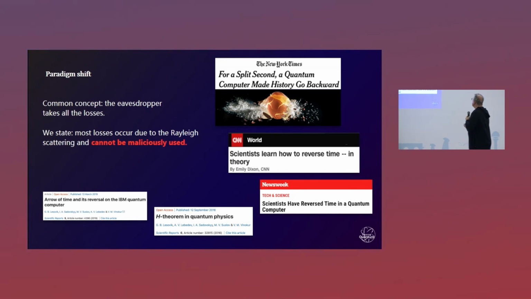We found a controlled quantum system which we could evolve back in time, and we did it. This was covered in the New York Times and other media. These were exactly 2 fundamental works from which we derived our new approach to cryptography.